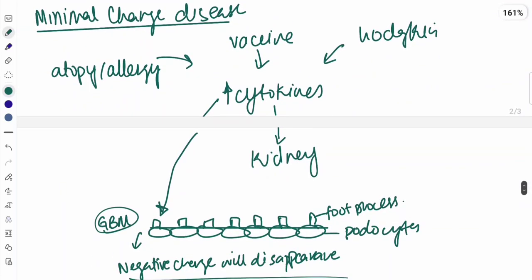What is the minimal change? Only the foot processes are being damaged, the podocytes are not being damaged, not even the whole cell. That's why it's minimal change, and that is why it is losing the negative charge. When the basement membrane loses the negative charge, it will not repel the negatively charged proteins, and the proteins are going to be more leaky. So that is minimal change disease.